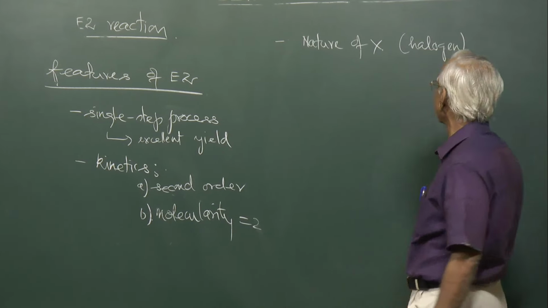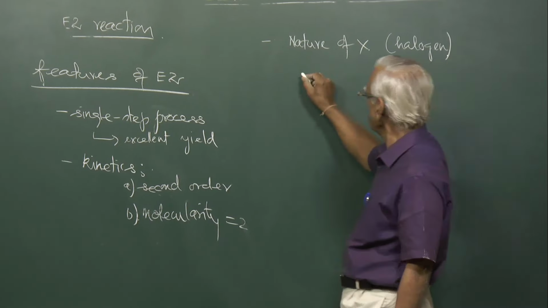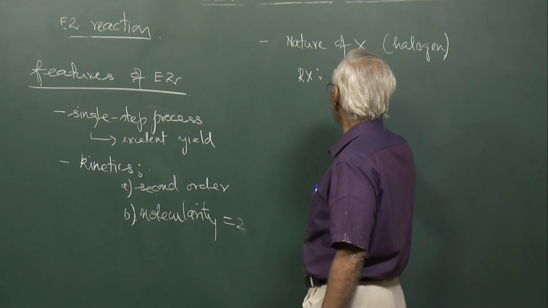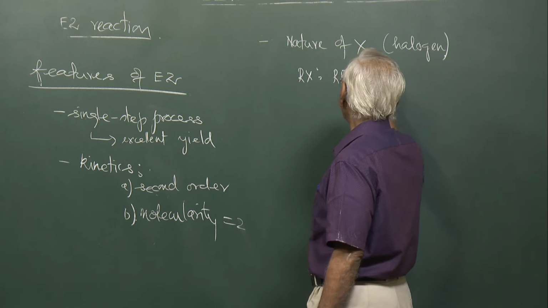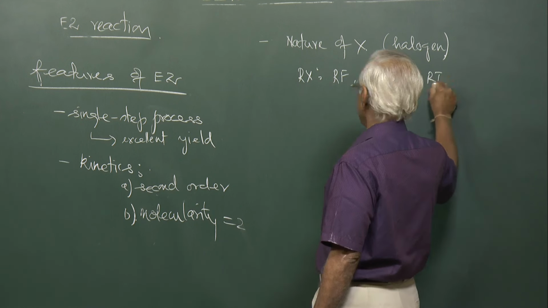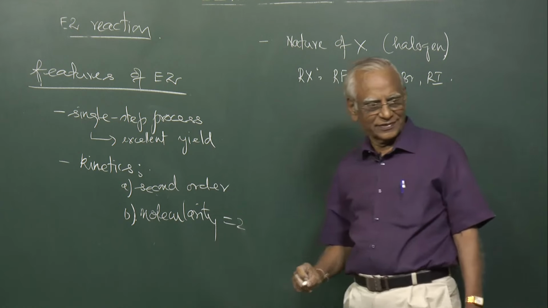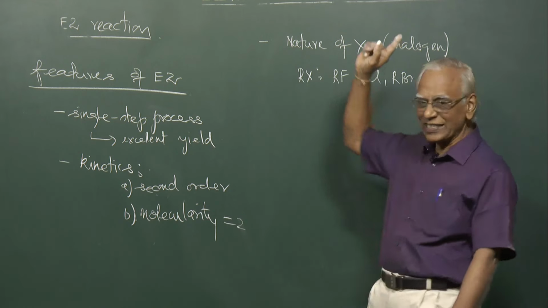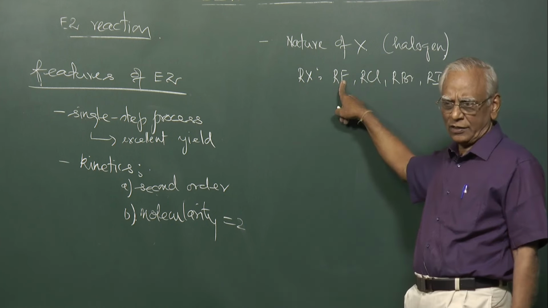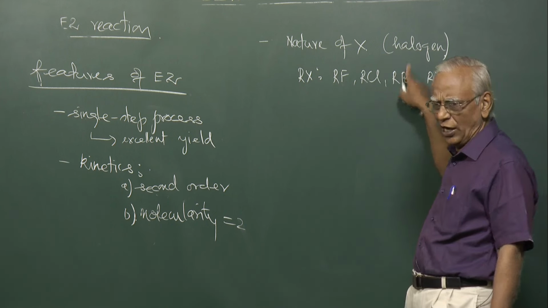How is RX classified? RF, RCl, RBr, and RI. Should there be a difference in the rate of the reaction? In one case, I take fluoroethane, chloroethane, bromoethane, iodoethane.